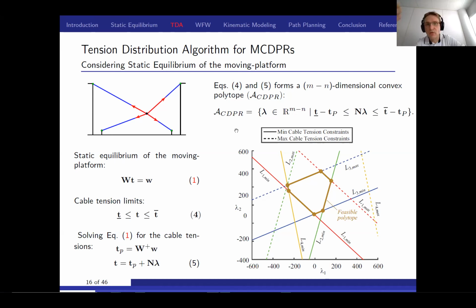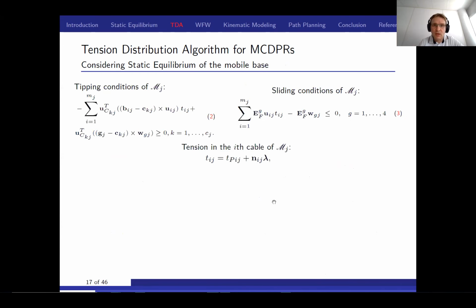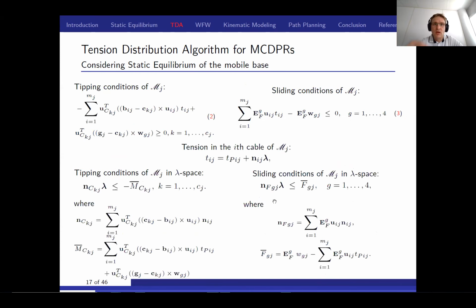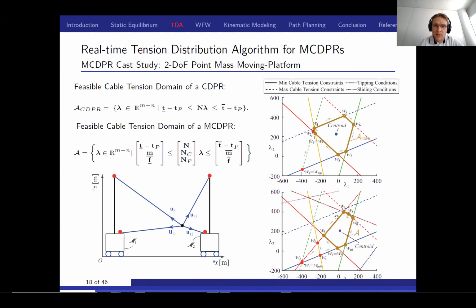It's well known that for a classical CDPR, this feasible polygon has such a shape, in the lambda space or in the kernel of the range matrix. So here, what we did was project the tipping conditions of the mobile bases and their sliding conditions into the lambda space in order to determine the modified feasible polygon for such a manipulator.